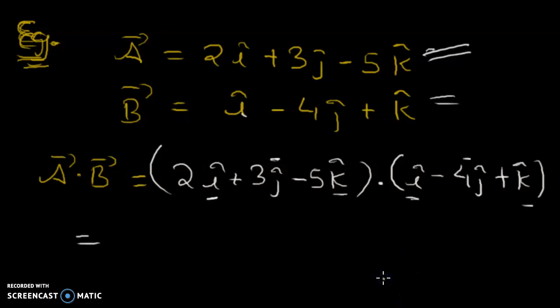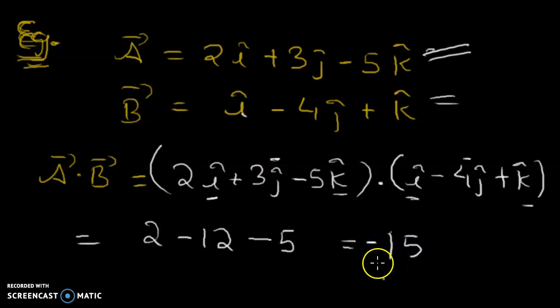When you're multiplying i cap with k cap, it is 0. So the only thing you need to bother about is i cap and i cap, j cap and j cap, so the numbers preceding those. So 2 into 1 is 2, plus 3 multiplied by minus 4 is minus 12, minus 5 into 1 is minus 5, so it would be 2 minus 12 minus 5, which is minus 15.